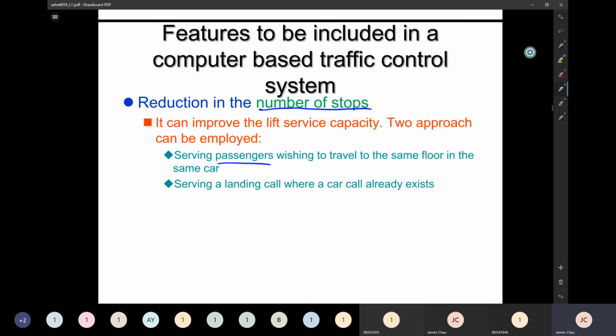On the other hand, we can serve a landing call when a car call already exists. If we find a passenger inside the lift going to the fifth floor, and at the same time a landing call is placed at the fifth floor, then we can do a matching between the two calls, so that after completing the service, the lift can immediately serve the passenger who wants to go down. We do this matching in order to reduce the number of stops.